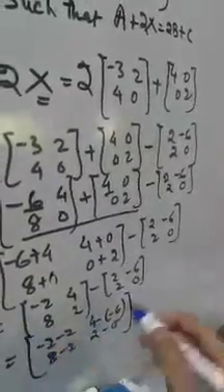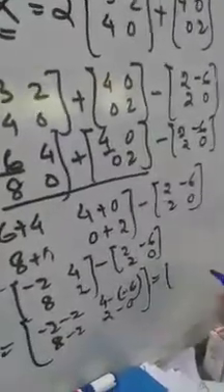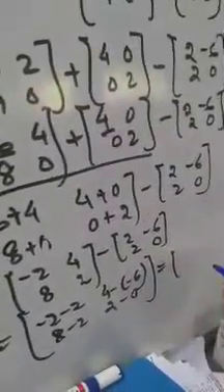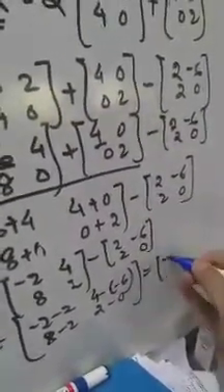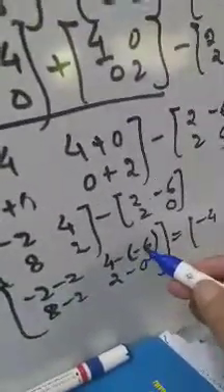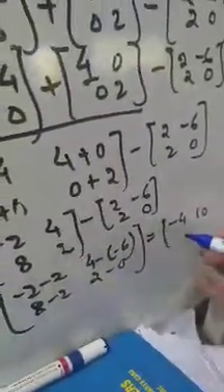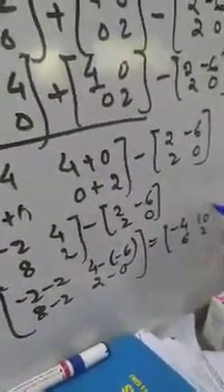So how much will it come? Minus 2 minus 2 is minus 4, and 4 minus minus 6 is plus 6, so that is 10. And 8 minus 2 is 6, 2 minus 0 is 2.